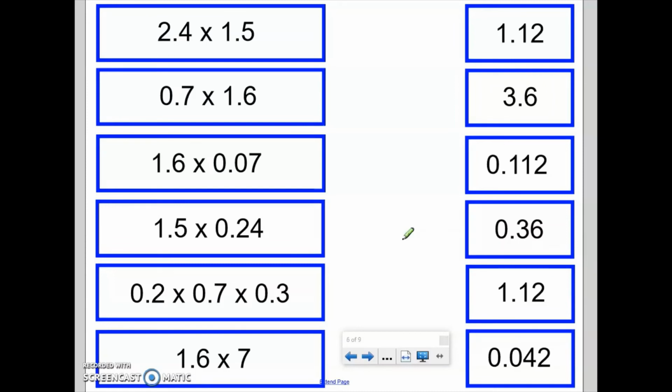You may have to include grid multiplication or long multiplication to show me how you got your final answer. 5 of these will match up correctly. 1 of them will not match up, and that one is our odd one out. So I'd also like you to highlight the odd one out. Could you pause the video at this point, have a go at all 6 questions, match up those that match up, and highlight the odd one out.